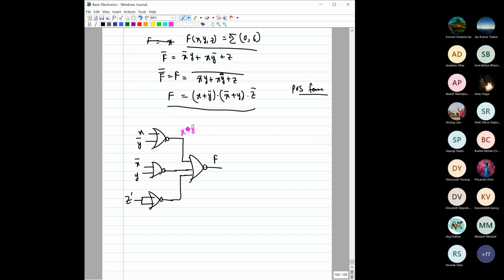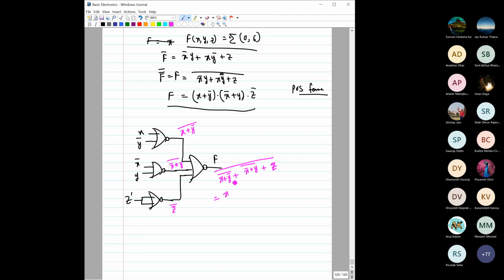X plus Y bar whole bar, here it is X bar plus Y whole bar, and Z bar, and again one more bar.